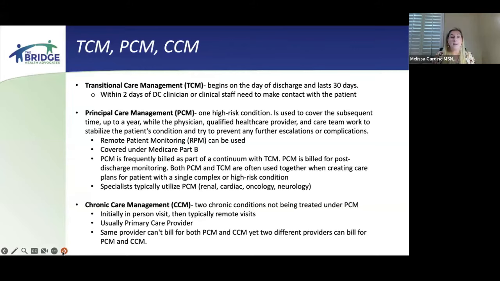What happened was CMS rolled all of these out, and even these have evolved and changed over the years as they've been collecting data. Mainly the data is, are we having decreased hospitalization? And have there been any cost savings to implementing these care management services?